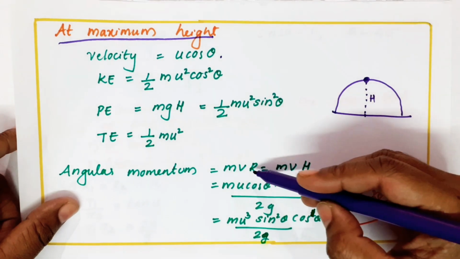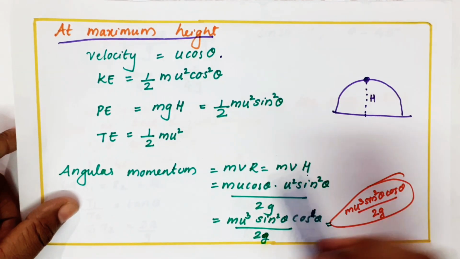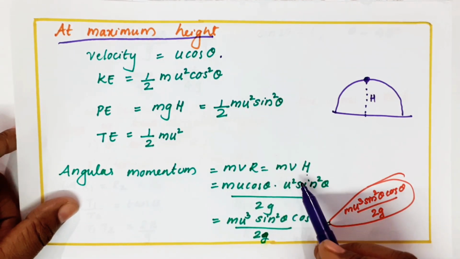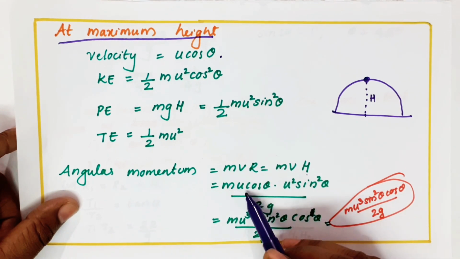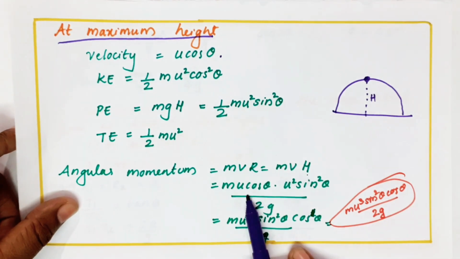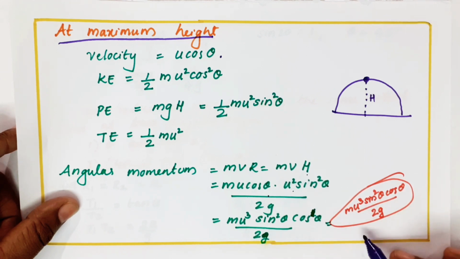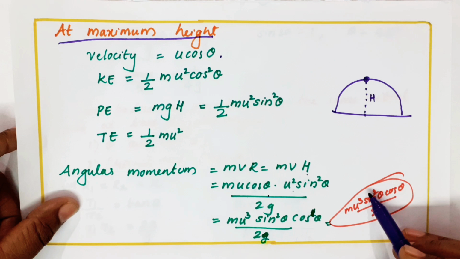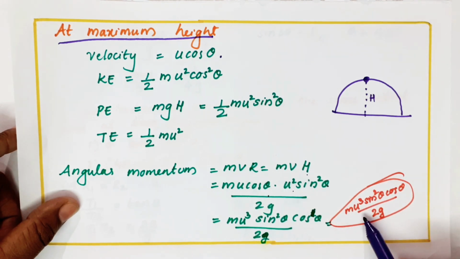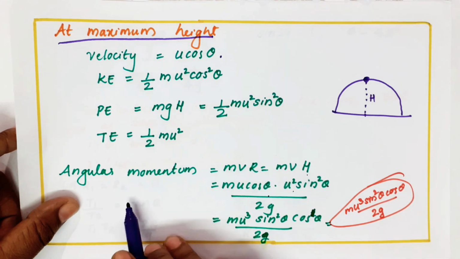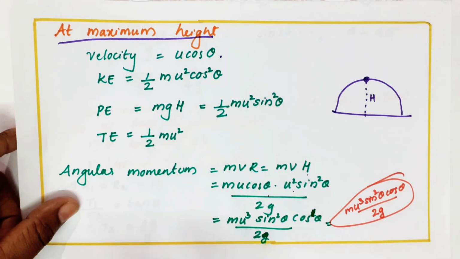So I am taking r as our h. So mv into r, that is mv into h, that is m into, what is v? u cos theta. What is height? u square sin square theta by 2g. So you can write the equation mu cubed, because u into u square is u cube, sin square theta cos theta by 2g, which is the equation for angular momentum.